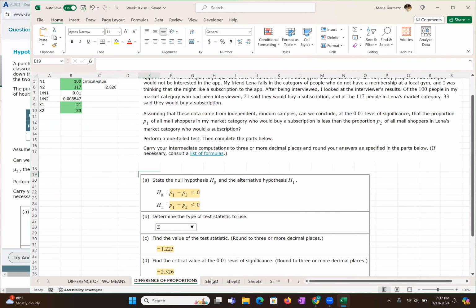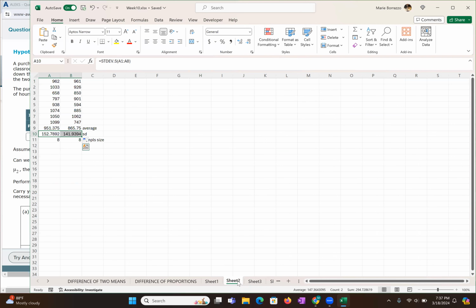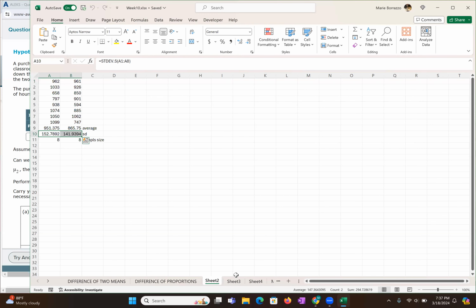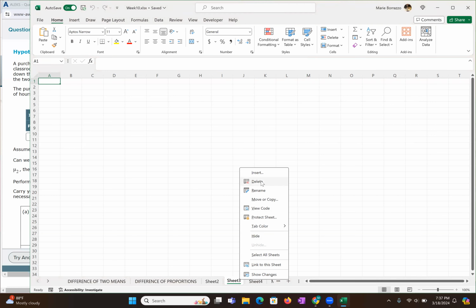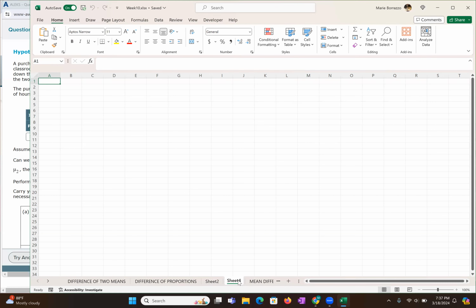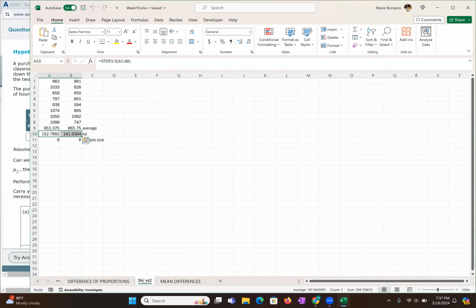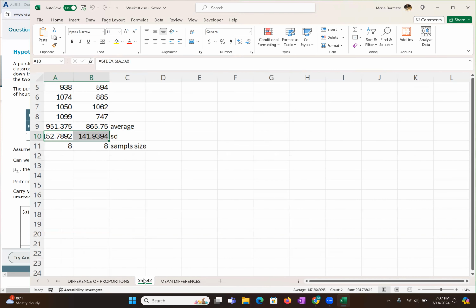Okay, this should not be doing this. Let me delete this sheet. And this one I'm going to delete. I don't need it. I just created it right now by chance. And I'm gonna delete this one. So this is basically holding the data I need for the two standard deviations and the two means that I need.